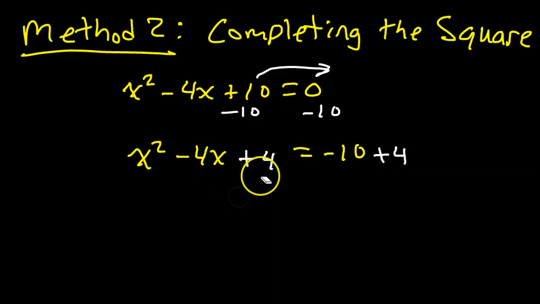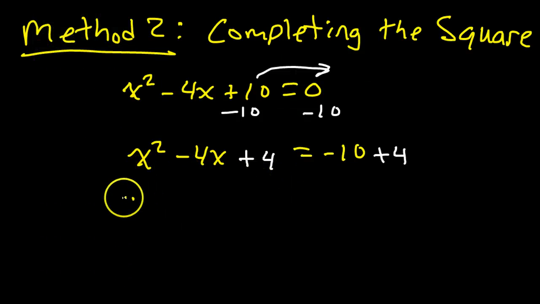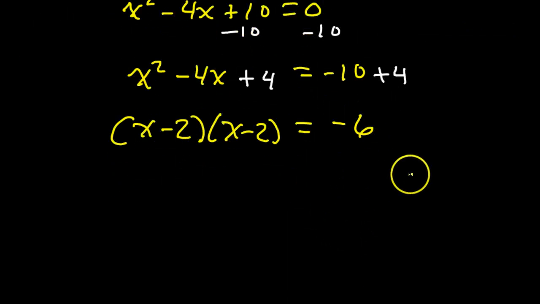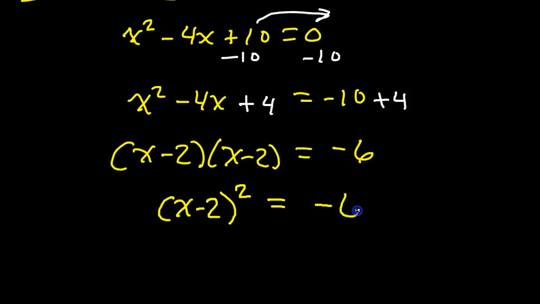Now, by picking this special number, we are guaranteeing that this will factor as the same thing twice. So this is going to factor as x minus 2 times x minus 2. Add these up, you get negative 6, by the way. The good thing about having it be the same thing twice is we can write this as a package deal. x minus 2 squared is equal to negative 6.